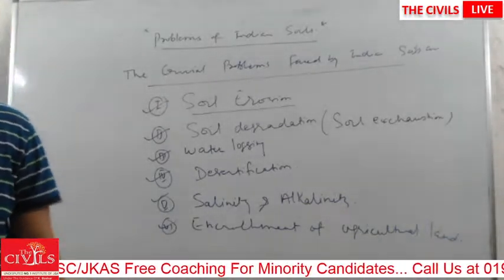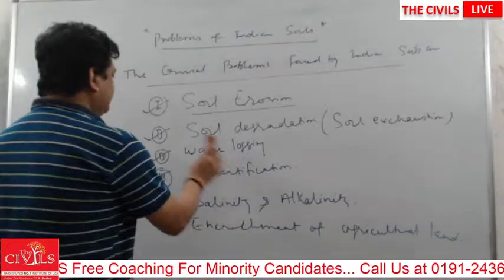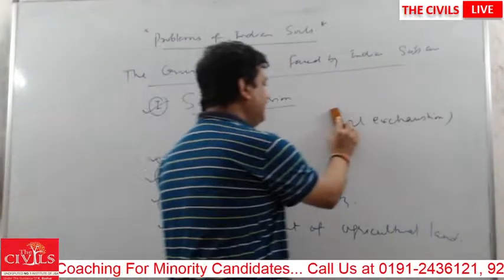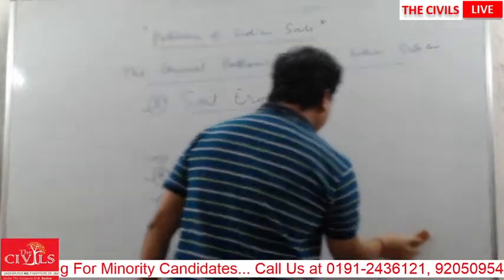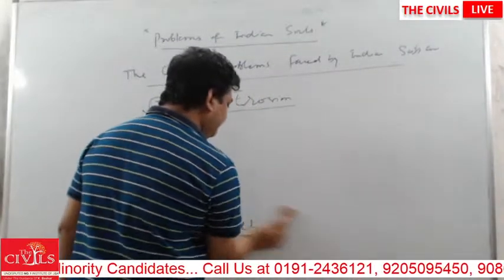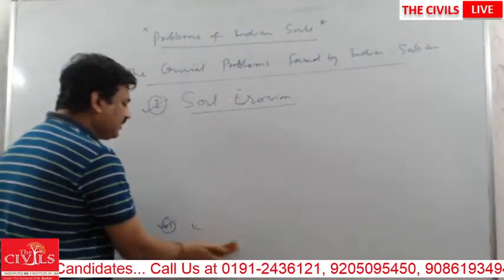What is the meaning of soil erosion? Soil erosion is simply the removal of the topmost layer of soil.